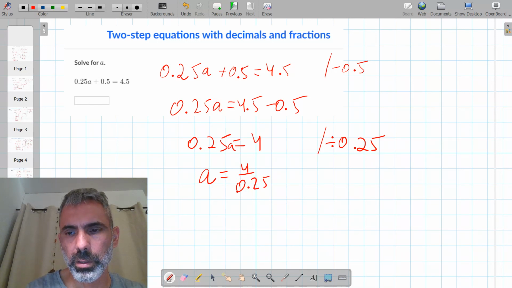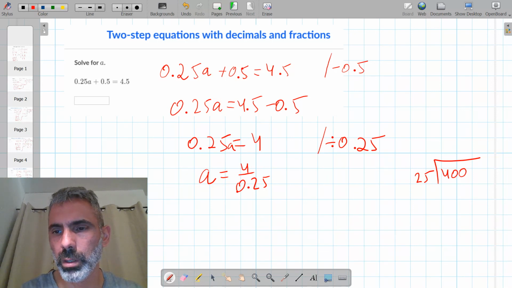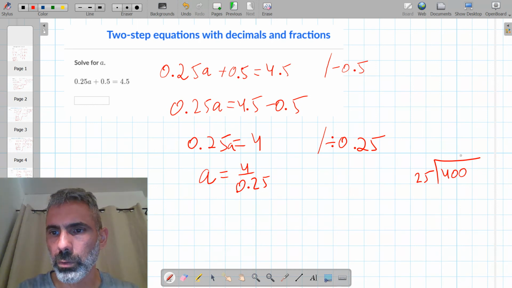So this is the same thing as 400 divided by 25, because I shifted the decimal point 2 places to the right. So on the denominator I have 25, and on the numerator I have added 2 zeros, which is 400. So 25 goes into 40 one time. 1 times 25 is 25.